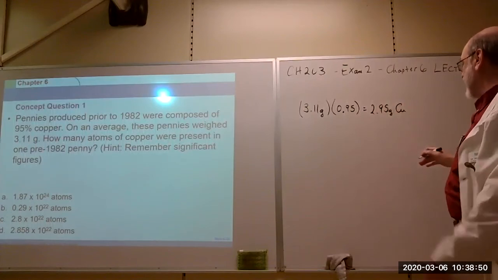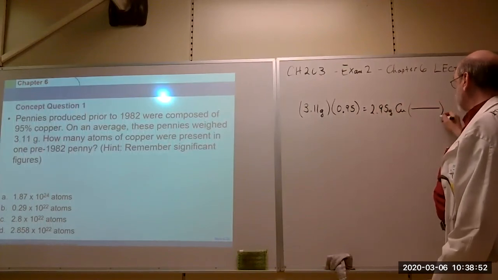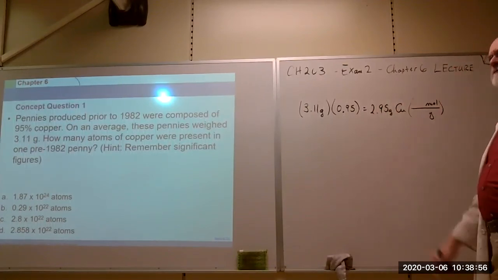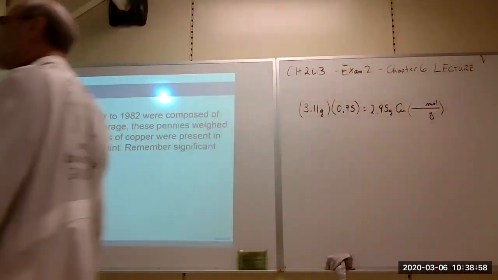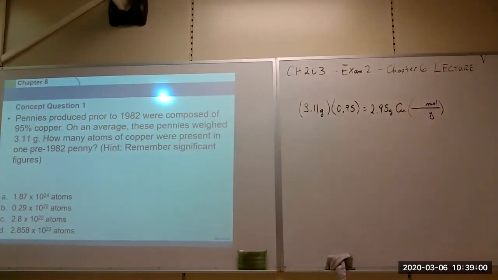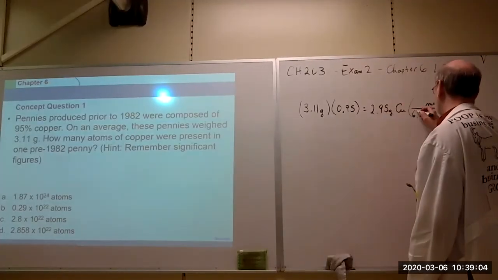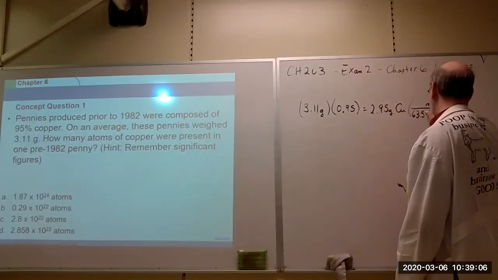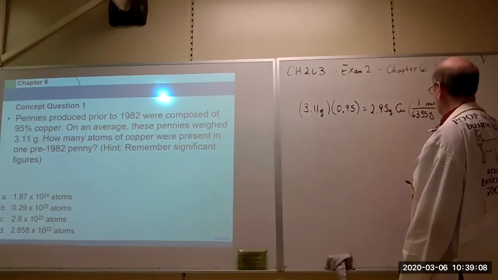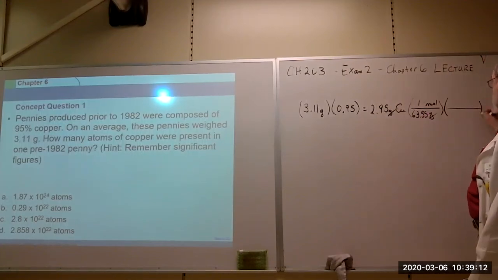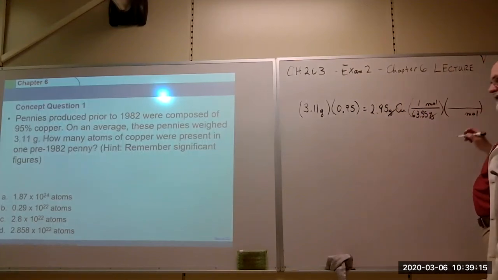And then convert that to atoms. We need to do molar mass. Let's see. Get close enough to see it. 63.55. There we go. And then we want to convert moles to numbers of atoms, right?